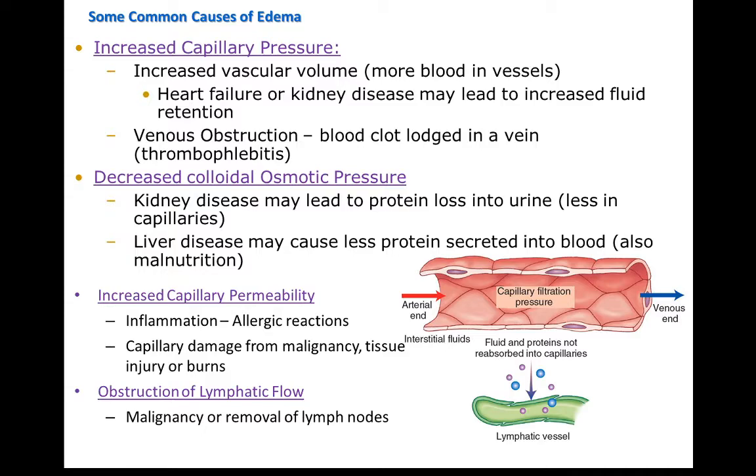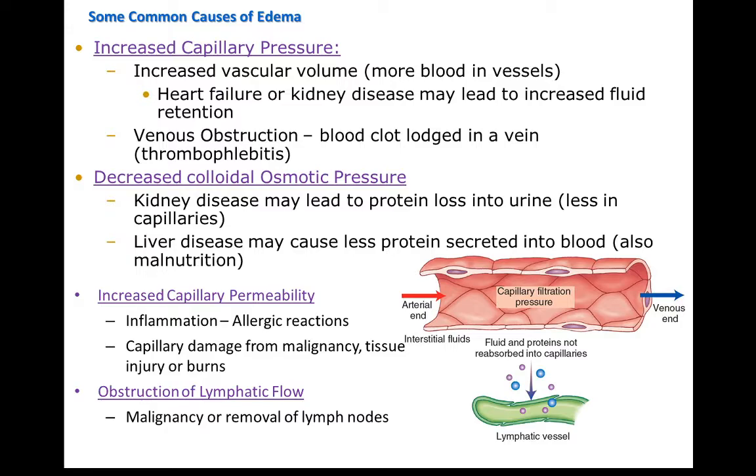Sometimes the edema is associated with decreased colloid osmotic pressure. In kidney disease, protein molecules that would have been retained by the normal kidney end up being lost in the urine. A relative decrease in plasma protein causes fluid to leave the intravascular space and enter the interstitial fluid.